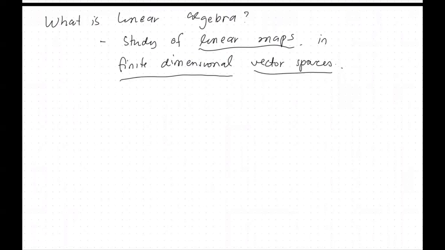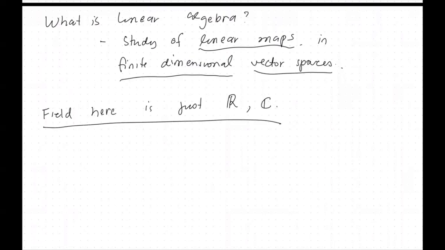And here we will focus on the base field, which is just the set of real numbers or the set of complex numbers. We will utilize your previous knowledge from earlier courses such as calculus and high school math.